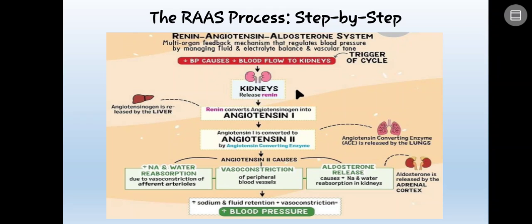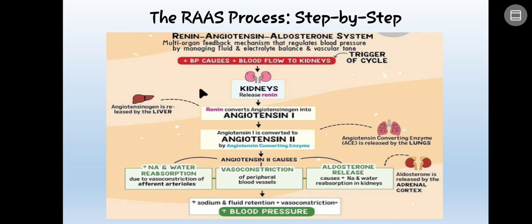If your blood pressure is very low and a reduced amount of blood is reaching the kidneys, that will lead to a reduction in the filtration rate. And once the filtration rate reduces, a low amount of fluid is going to reach the distal convoluted tubules, and that would also lead to a reduction in the concentration of sodium in the distal tubules.